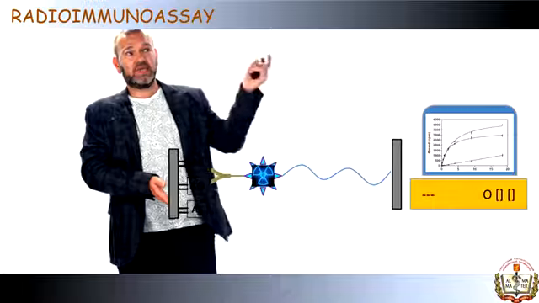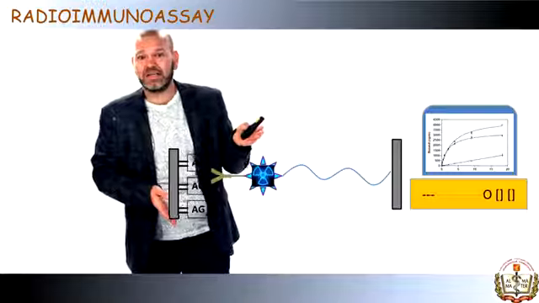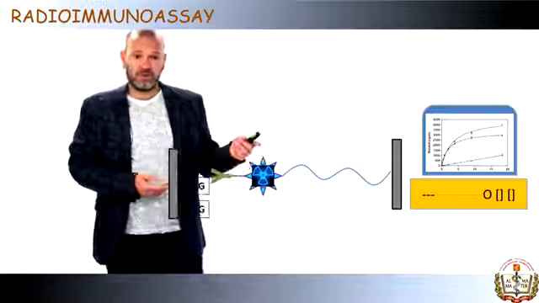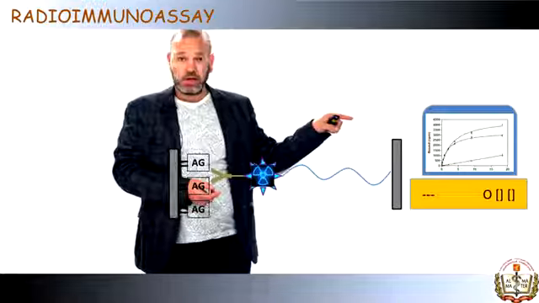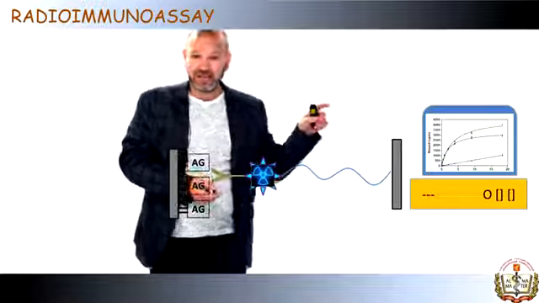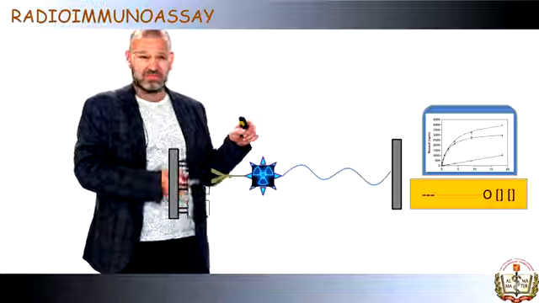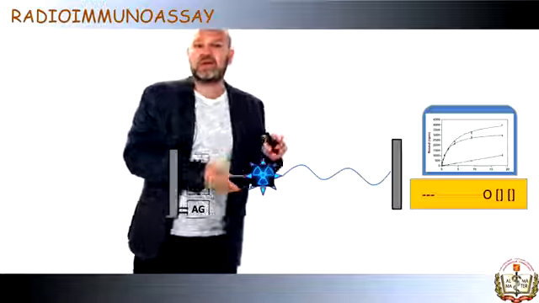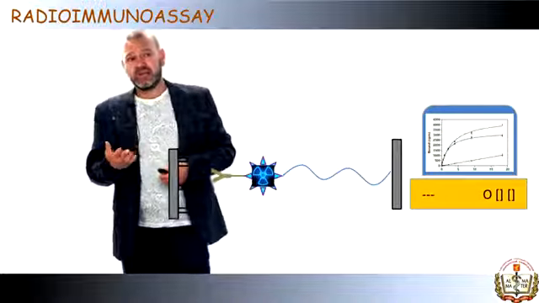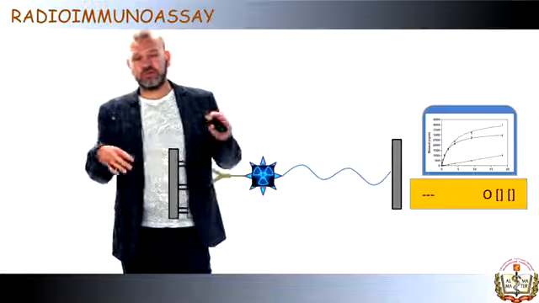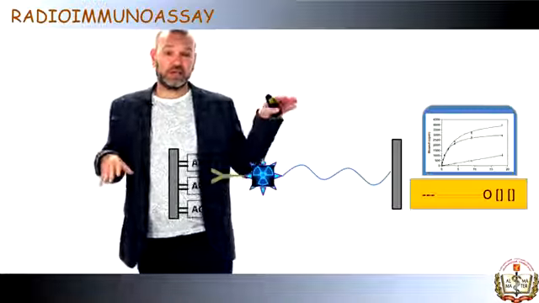It's named RIA. It is highly sensitive. But of course, we understand that the price of equipment and the health hazard to lab assistants argue against its use in small laboratories. And nowadays that method is used only in some scientific research, in some scientific institutes, laboratories.